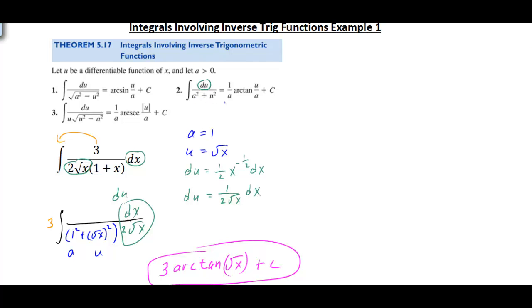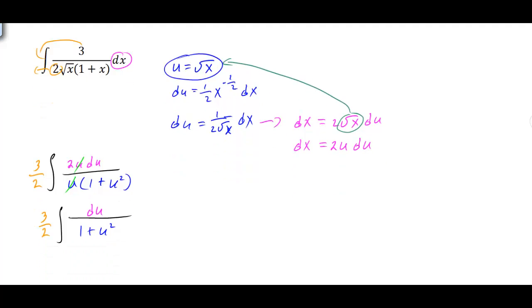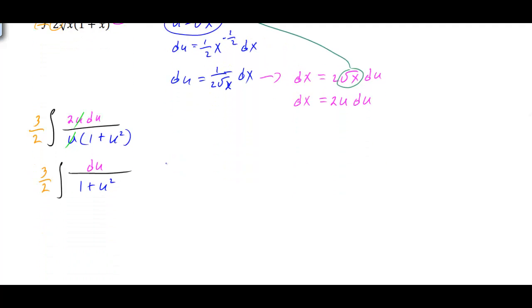So we're going to let a equal 1. And then here you have our u squared. Okay, so if we plug this into the formula, we have a plus our u squared and our u and our du.